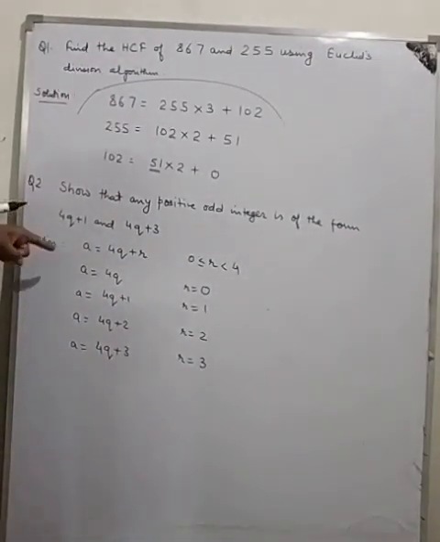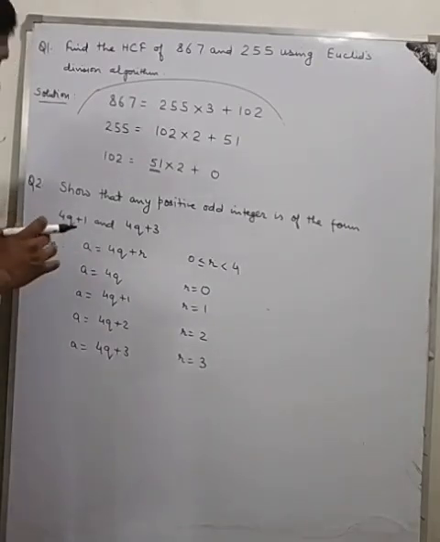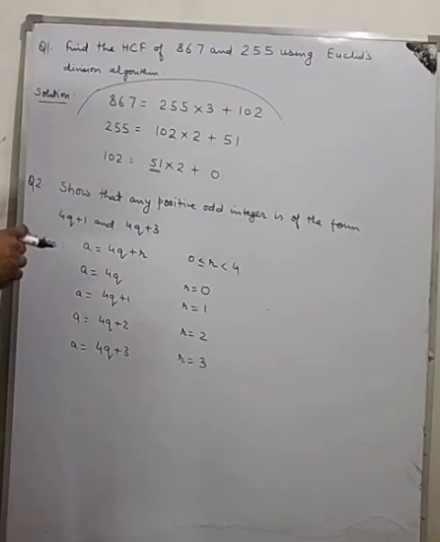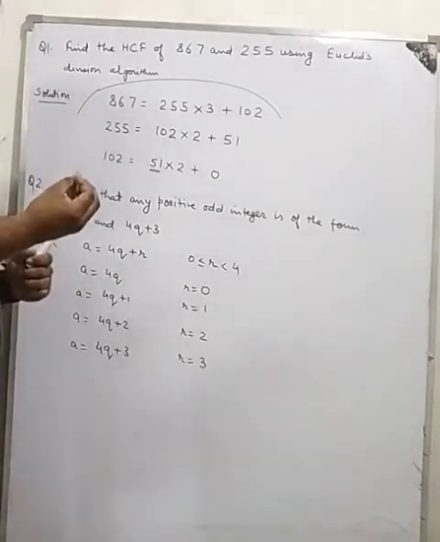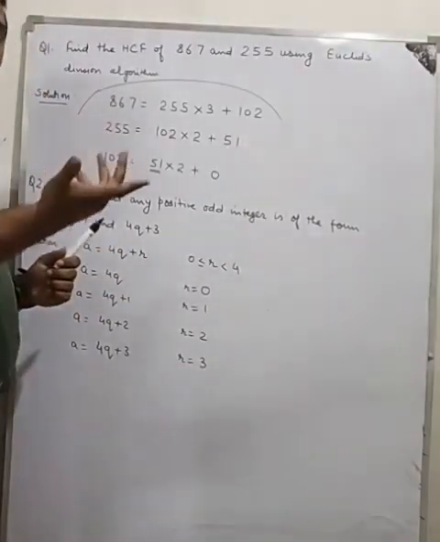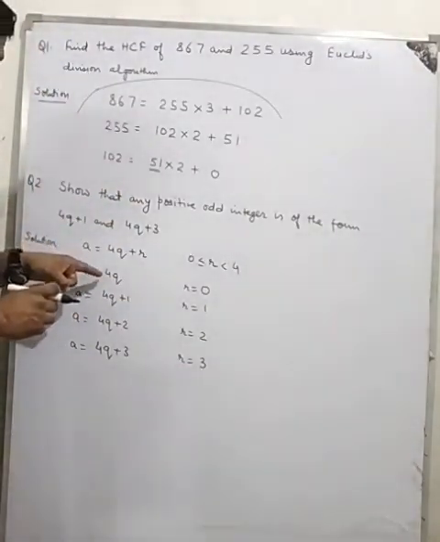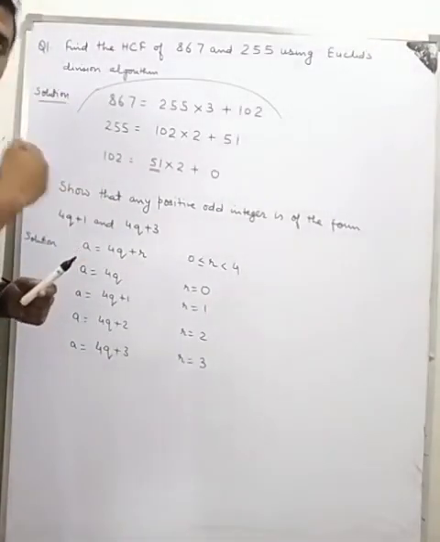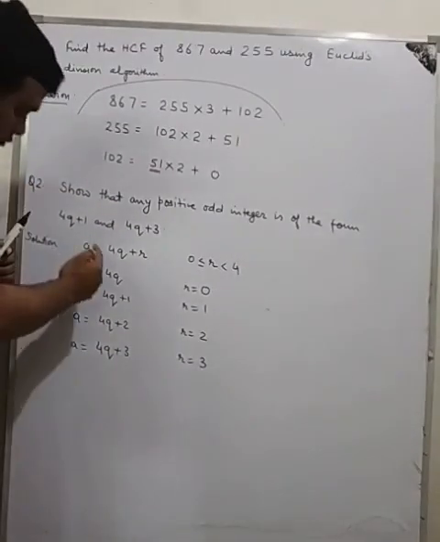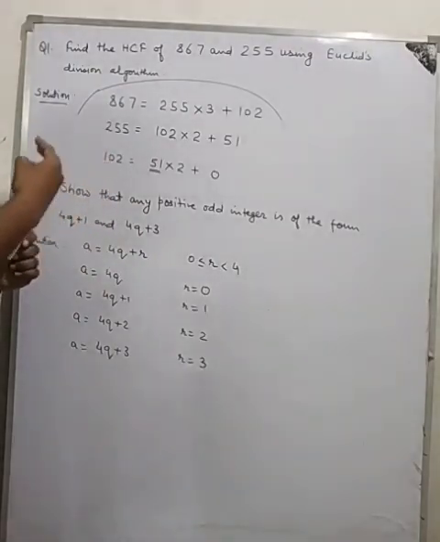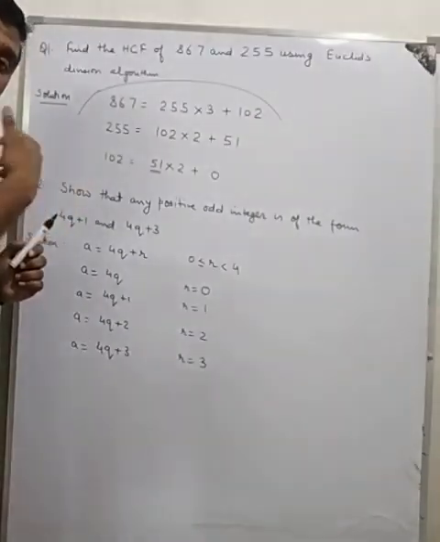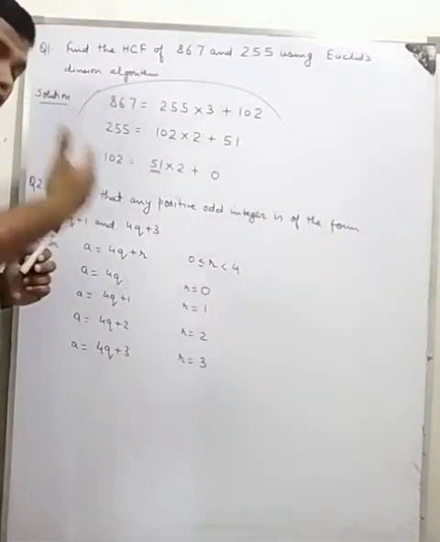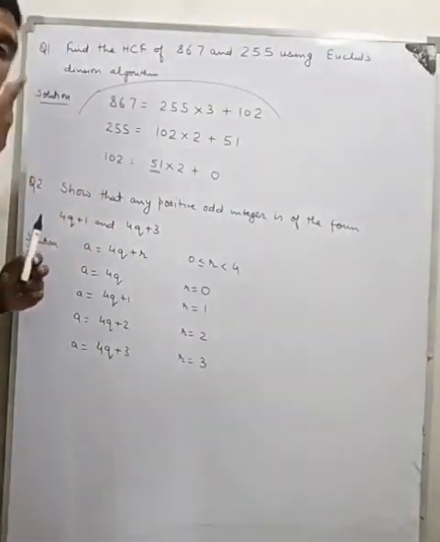Now, if we see the first number, a is equal to 4q. Any natural number starting from 1 till infinity, if we multiply it by 4, it will always give us an even number. 4 into 1, 4, 4 into 2, 8, 4 into 3, 12, 4 into 4, 16, and so on.